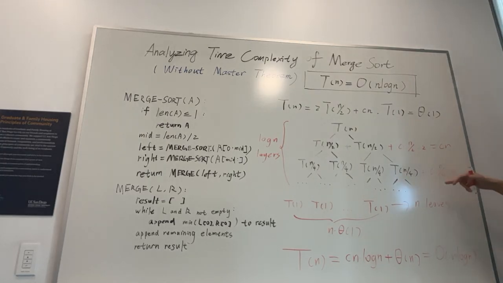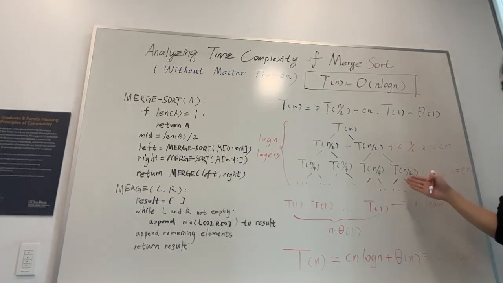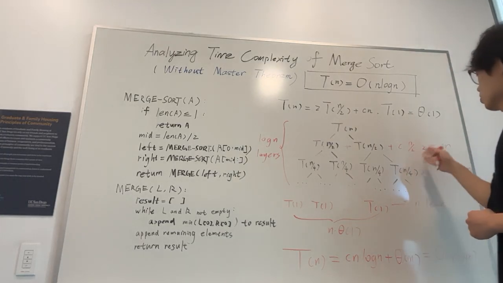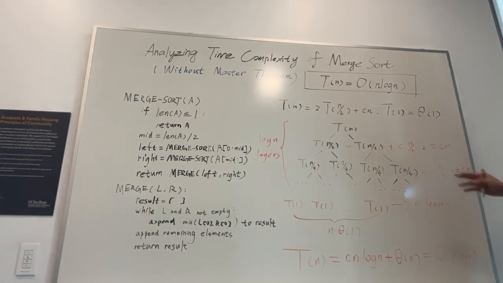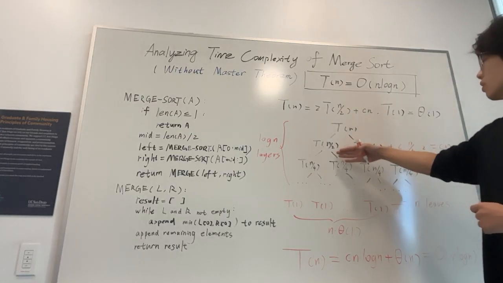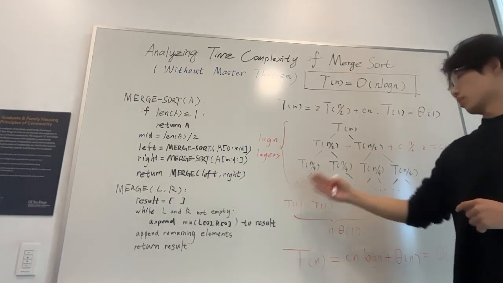Similarly, in the next layer, we have c times n over 4 times 4, which is also c times n. As we continue, we can find that in each layer, the actual work we do is always c of n.